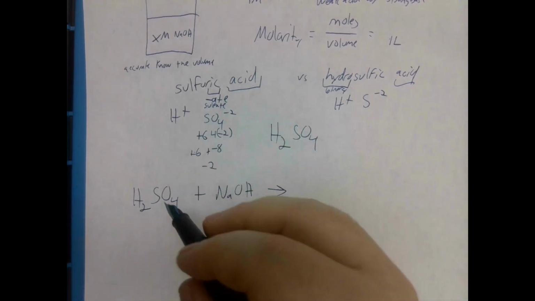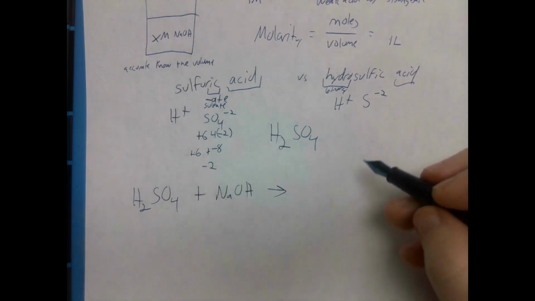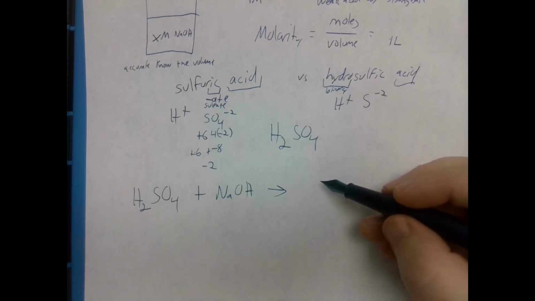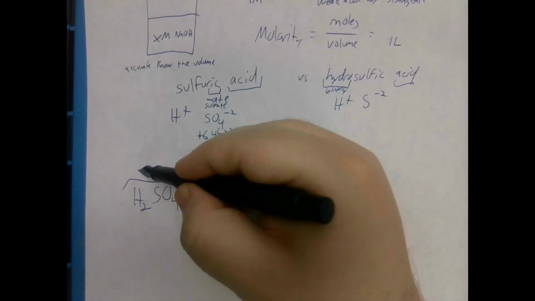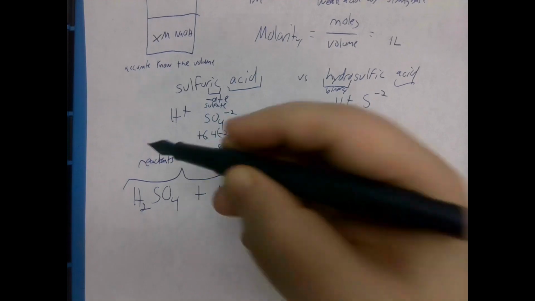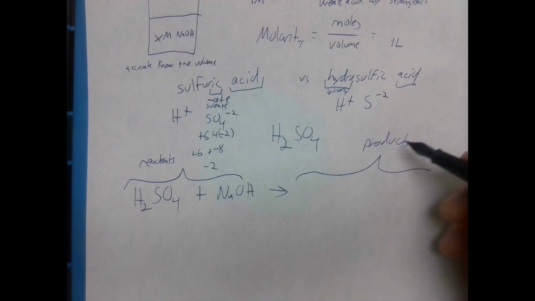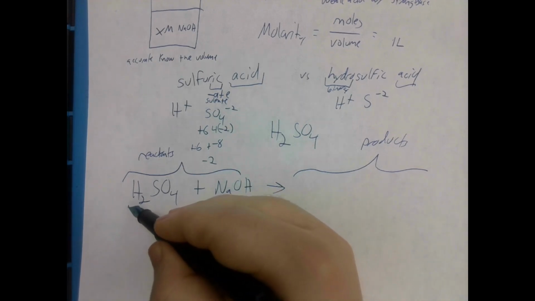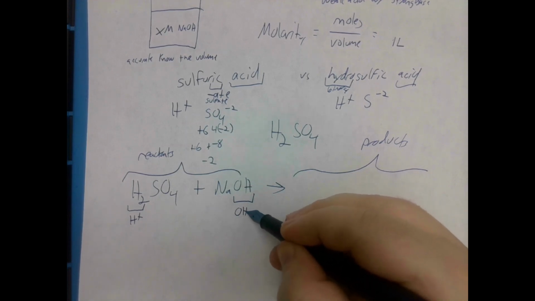This side is the reactants, the things doing the reacting. And this side will be the products. What are the products? So we have H plus. This is double displacement with OH negative.